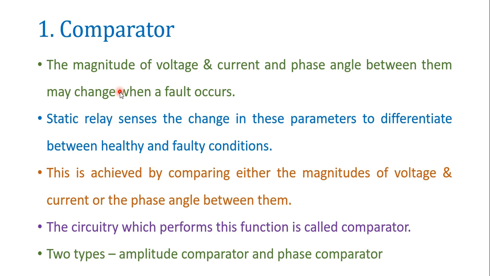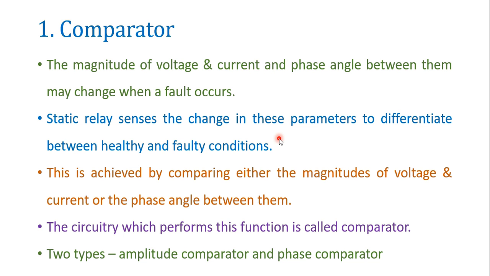So the main part of the static relay is the comparator, where the normal and faulty conditions are compared. The magnitude of voltage and current and the phase angle between them may change when a fault occurs. So the static relay senses the change in these parameters to differentiate between normal and faulty conditions.